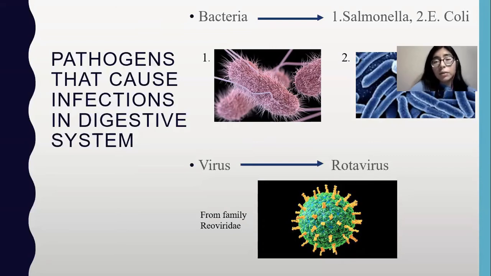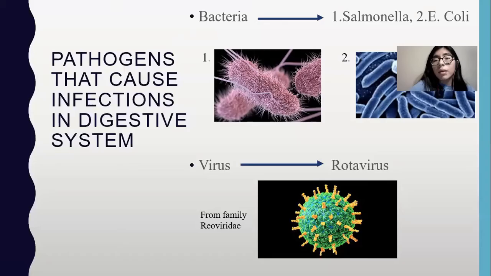It is facultative, meaning that it can live with oxygen or without it. E. coli is also gram-negative. It is rod shaped, and it is anaerobic. Some strains are facultative too, and it normally lives within the intestines.